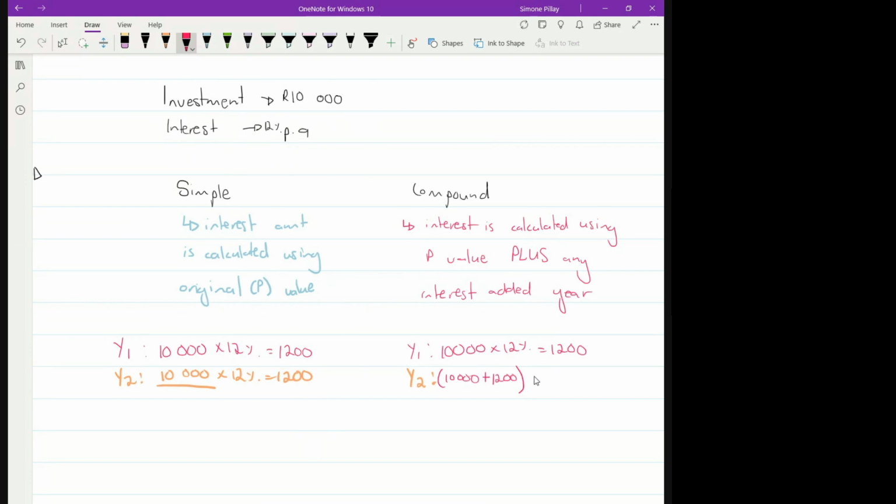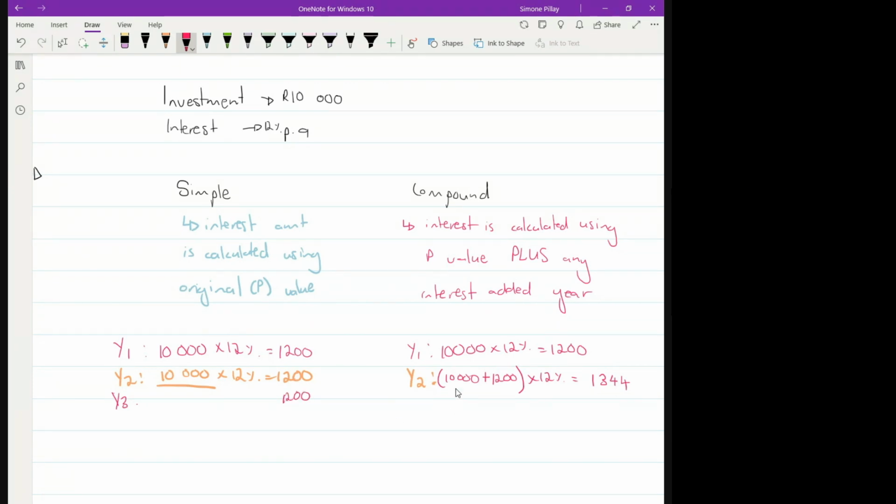And then we're going to multiply that by 12%. That's going to give me my interest for year two. So this is going to give me 11,200 that my interest is calculated on, and then this is going to be 1,344. And so this carries on throughout the years. In year three, my interest for simple interest is still going to be 1,200.